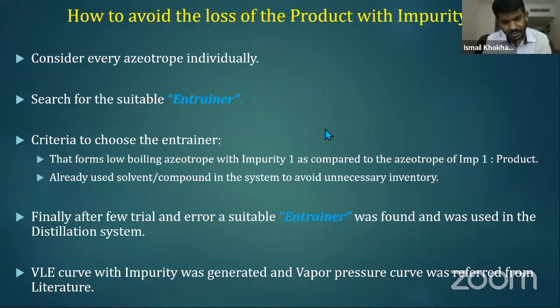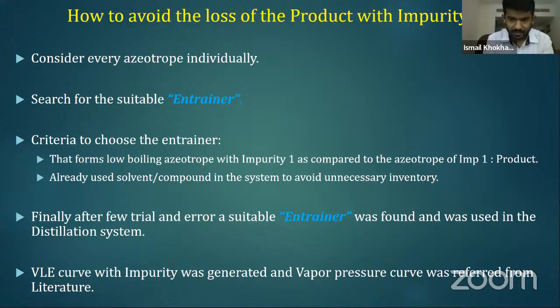So we first tried to use those solvents as an entrainer to make sure that there is no extra inventory in the system. Because once you have an extra compound in the system, then data generation is a task, because you know how data generation is required during process designing. So if you have a known compound or a known solvent, then you are in a more comfortable situation.